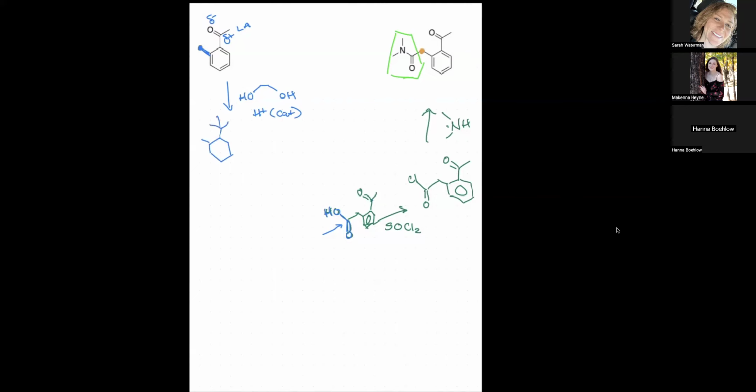So then we have this. Now that our ketone is protected, now we can do what we want to do. So what do we want to do? We want to add a bromine.